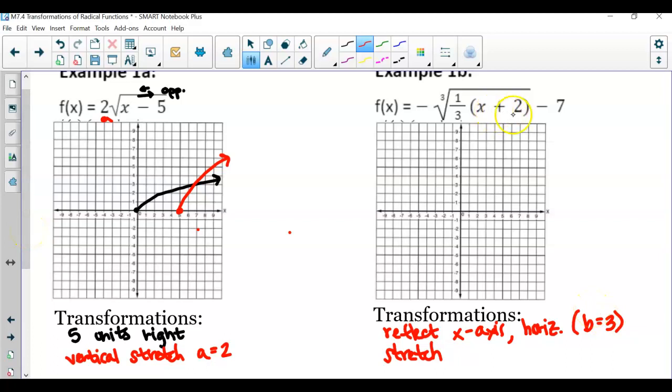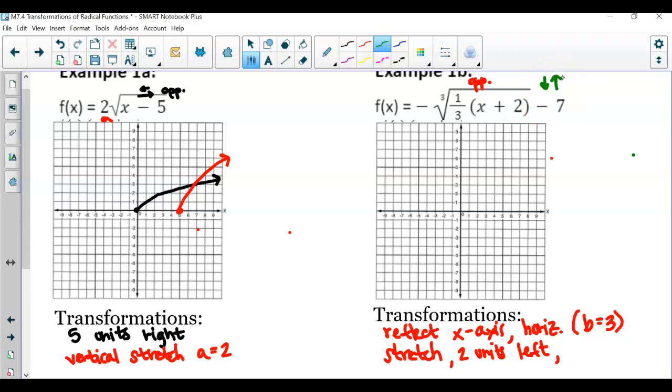But we also have inside x plus 2. So remember, plus on the inside, remember everything inside is opposite. So this is not 2 units to the right, but 2 units to the left. Then notice how you do have that minus 7 on the outside, which represents your vertical, your up and down.